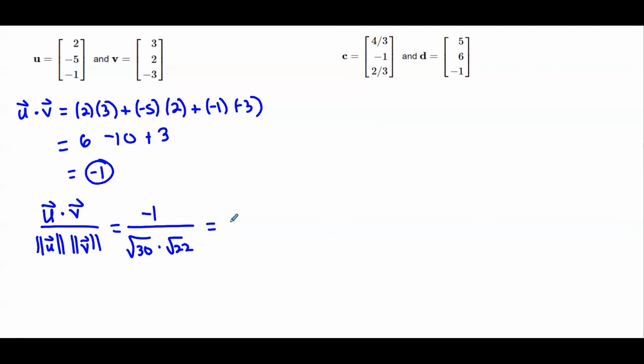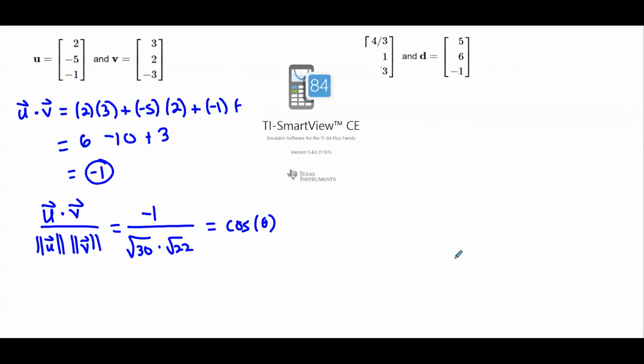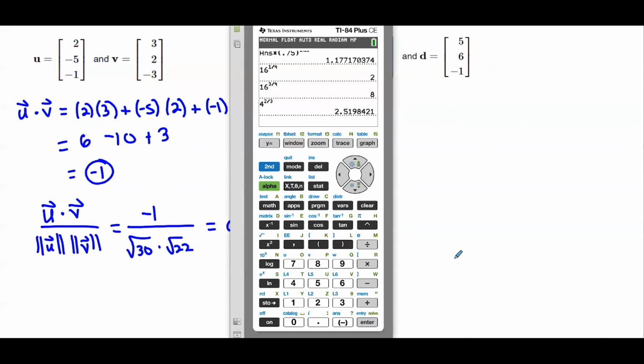And that's going to equal cosine of theta. So let's open up a calculator and see what the angle between them is, because we know it's not 90, since they're not orthogonal to each other.